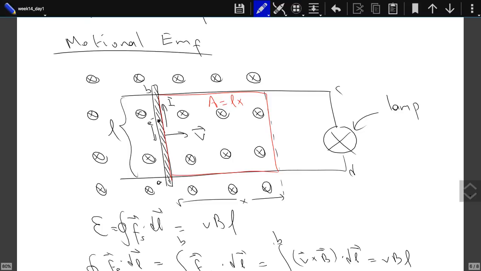If you just start moving with the rod, then the rod is not moving. But even if you go to another reference frame, the rod will be at rest, but these magnetic field lines will be moving, so the flux will still be changing with the same rate.